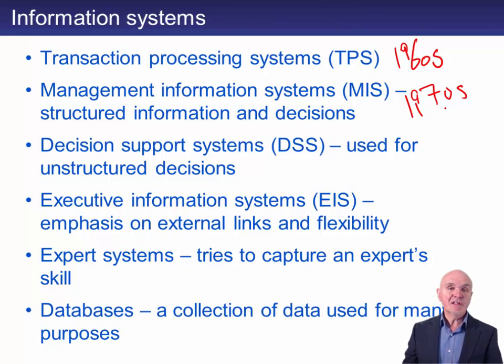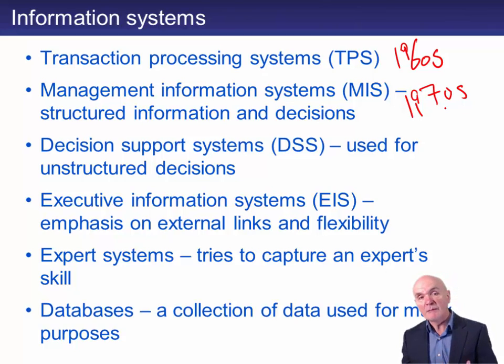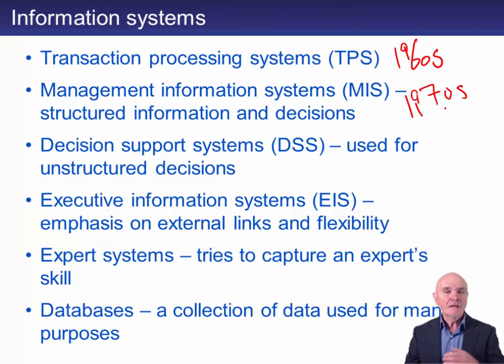A structured decision is a decision where there's a right answer, like, should I dispatch goods to this person if they're over their credit limit? Answer, no. And of course you can build these very yes-no decisions into a computer program. Sometimes structured decisions are called programmable decisions, and you can have more automatic processing of orders.